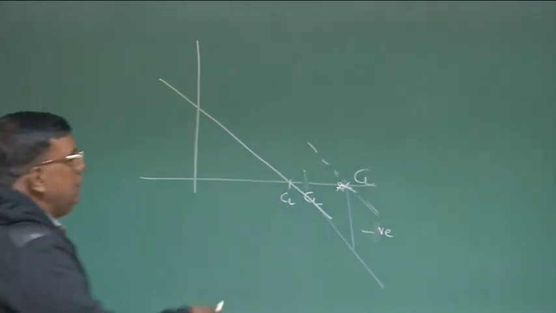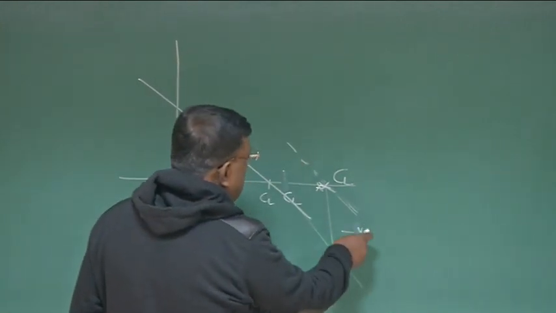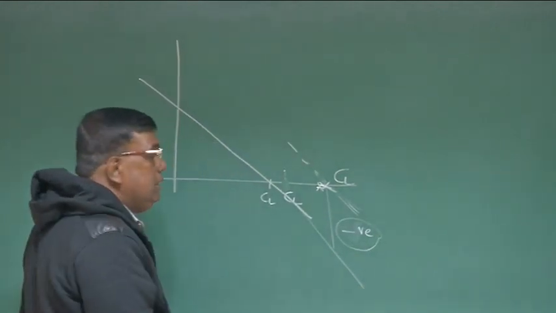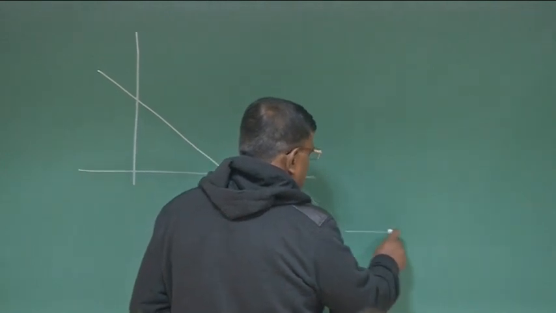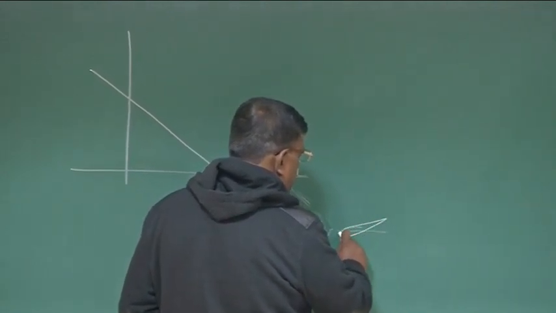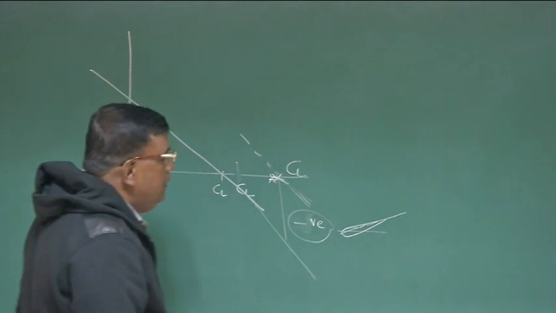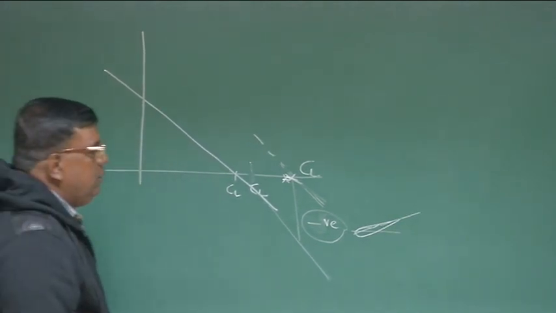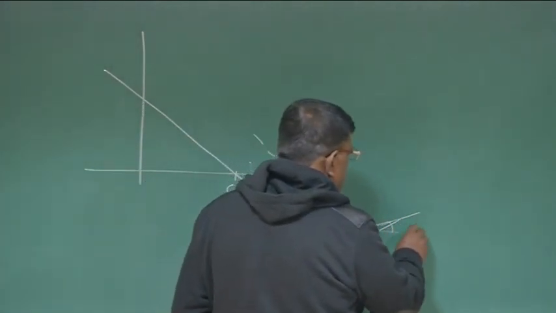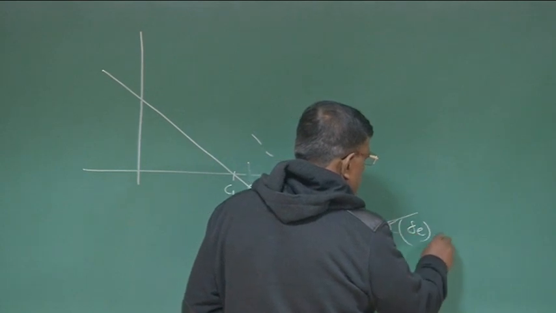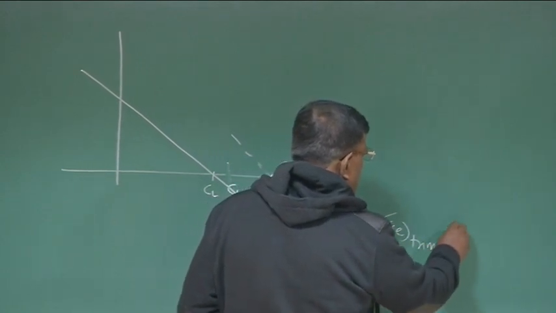So if I want to really fly at this point, I must ensure that this negative moment is neutralized by giving the elevator up from the reference elevator angle, and I need to know how much this delta E is, which I call delta E trim or delta E required.